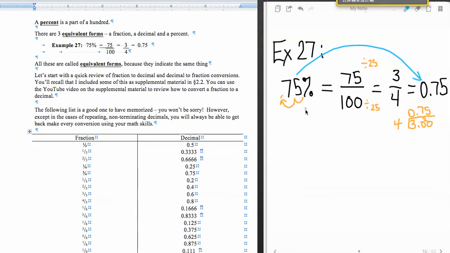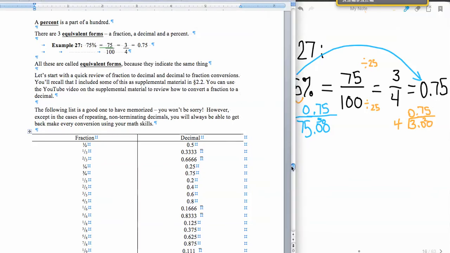And if you remember right, when you divide anything by 100, that means you end up moving the decimal 2 places to the left, because doing this division problem says 100 will go into not 7, not 75, finally 750 7 times, and then 50 left over, and so now it'll go into 500 5 times, and you see there's the equivalent. So the shortcut for doing that is moving the decimal to the left 2 places, which gets you your equivalent decimal form. So those are all of our equivalent forms.